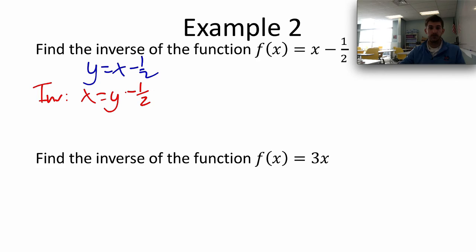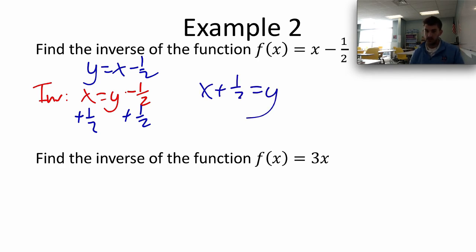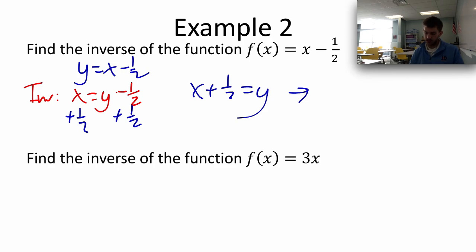So again, we literally just swapped the locations of the x and the y. Now to solve for y, we're going to add 1/2 to both sides, and we end up with x plus a half equals y. That is our inverse. So in proper notation, f inverse of x equals x plus 1/2.